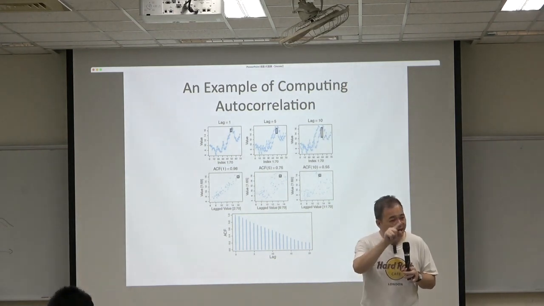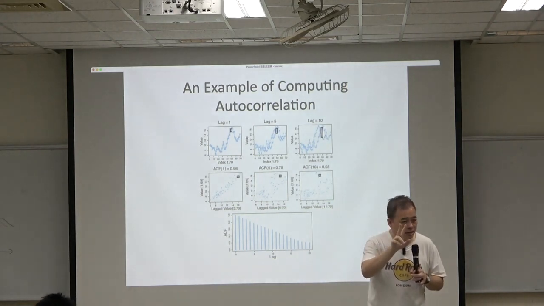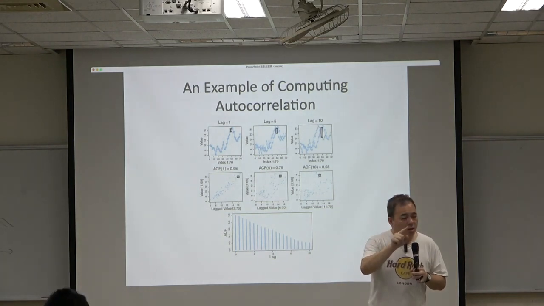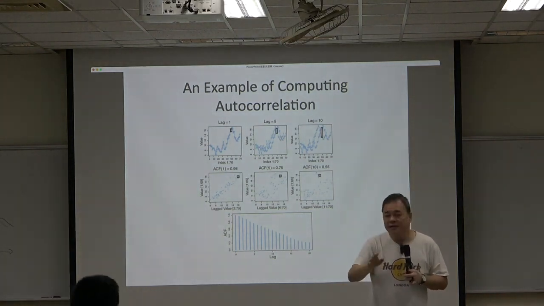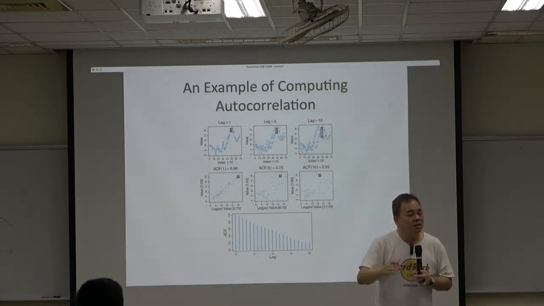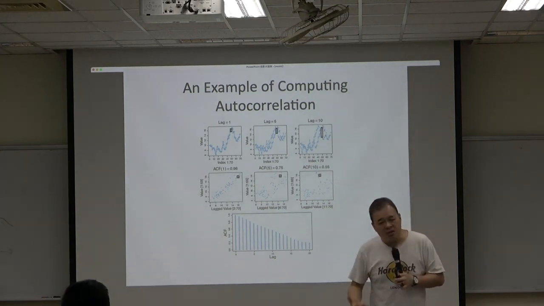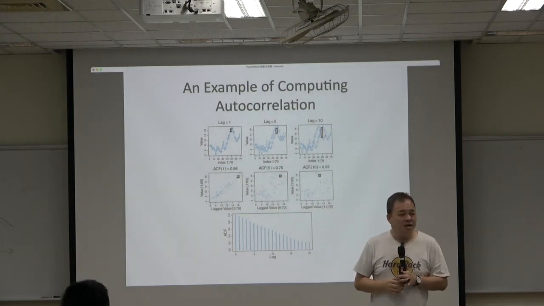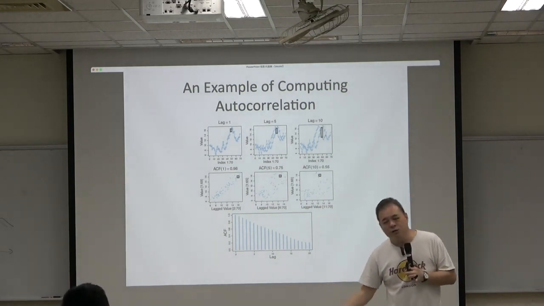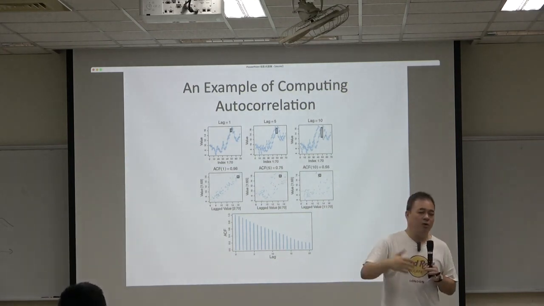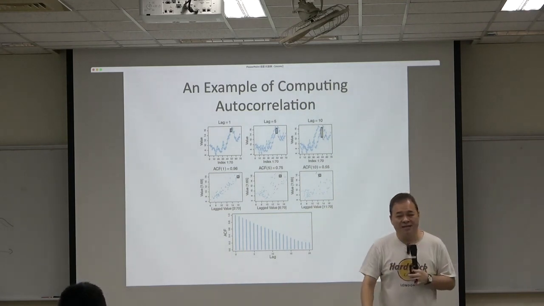But if the k is larger than 1, the autocorrelation value should reduce quickly, right? If it's a good Markov chain, then it should only depend on the previous step, not on steps more than one step in the past.